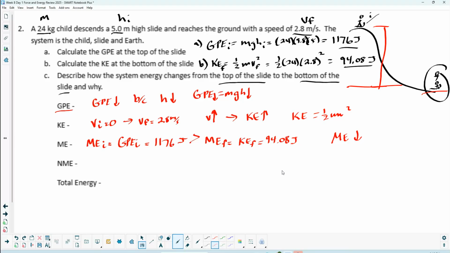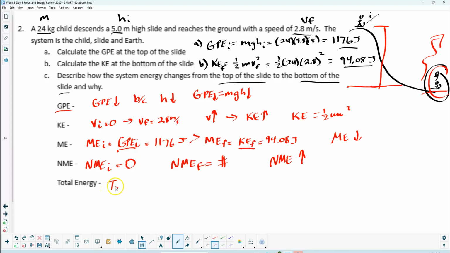In the beginning, the non-mechanical energy is 0: it's not moving, there's no heat, there's no sound. At the end, there has to be some non-mechanical energy, equal to some number, because otherwise this kid would be going faster. So the non-mechanical energy increased as time went by.